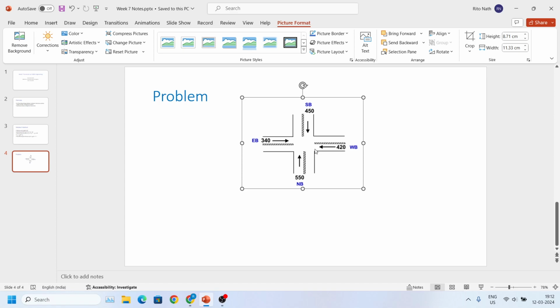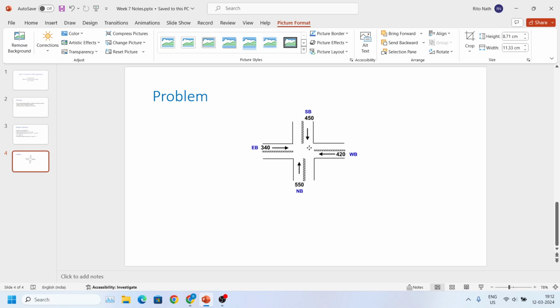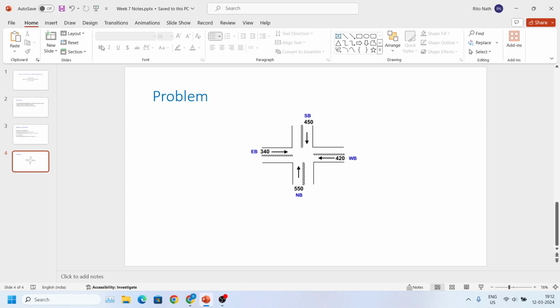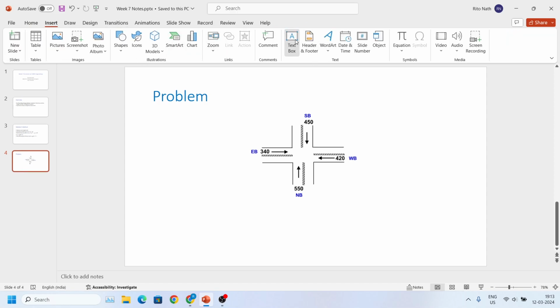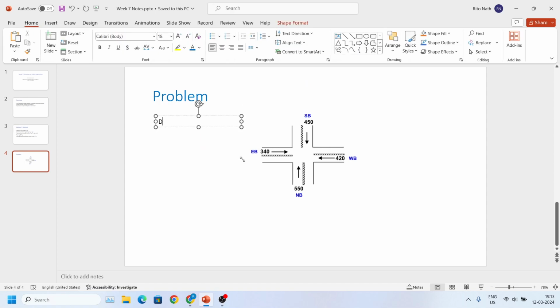So you have to design signal using Webster's method. So let me write it down. Design signal timings using Webster's method.